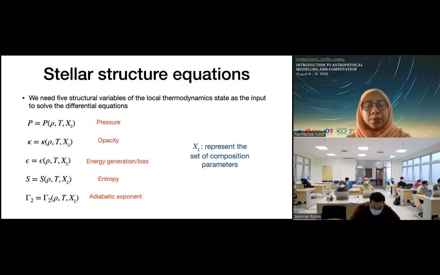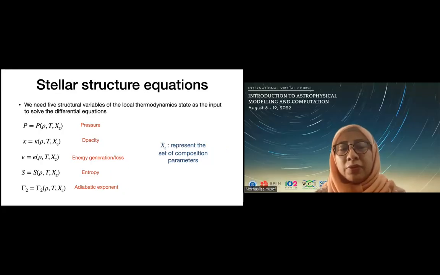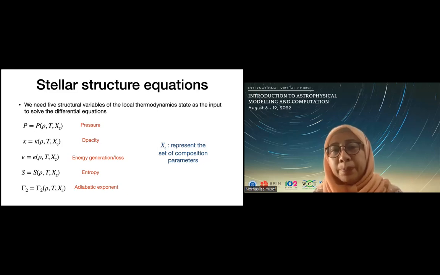The pressure, opacity, energy, entropy, and the adiabatic exponent now depend on three variables. Everything depends on rho, temperature, and the abundances, or what we call composition. So each time we set a particular variable, it moves with all these three variables. It depends on these three variables at one point.